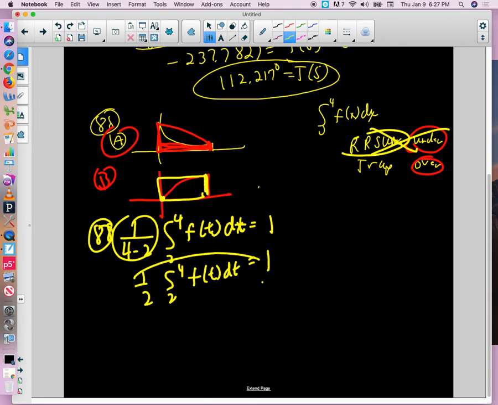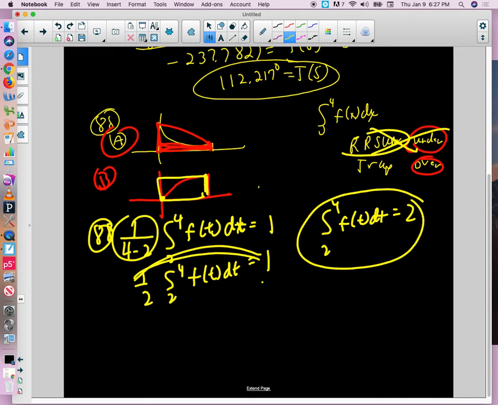Then I multiply, so I know the integral from 2 to 4 of f of t dt is going to equal 2. So I'm looking for something from 2 to 4 that has a displacement of 2. All right, the first one looks like this.